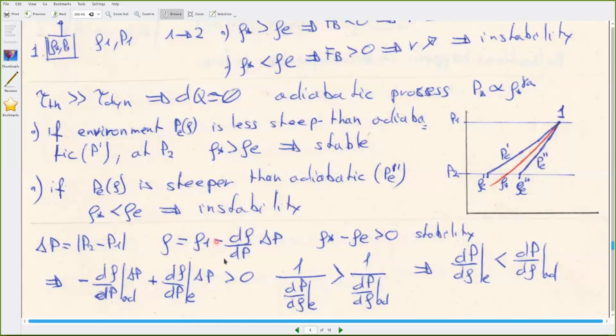This approximation is valid for both, so we substitute these two values in this way, and we then have the adiabatic gradient, because for the object the gradient is adiabatic, multiplied by the difference in pressure, plus the gradient for the environment.